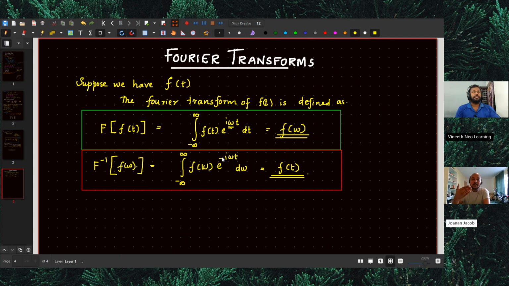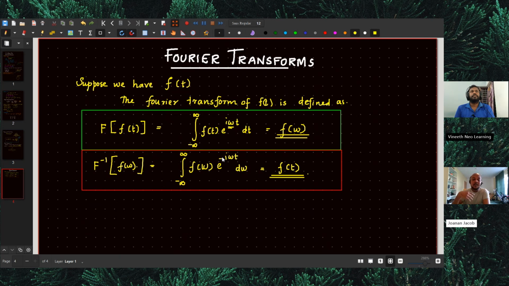This Fourier transform, and another type of transform called the Laplace transform, are usually used to take complex problems and transform them into another space where the problems are much simpler. Then we find the solution there and take the inverse of the solution, and we get the solution in our actual space. That's the idea.